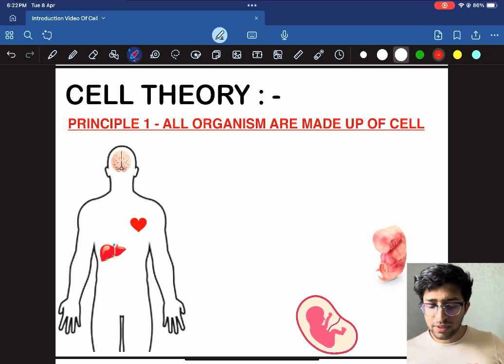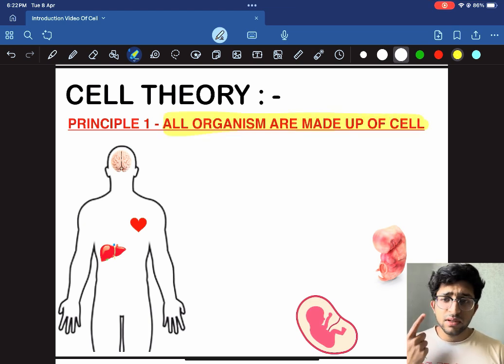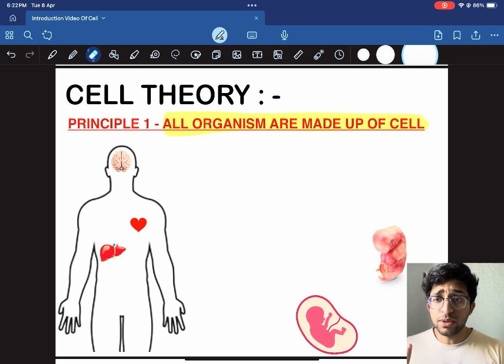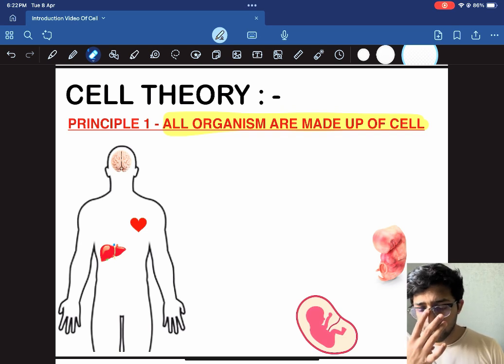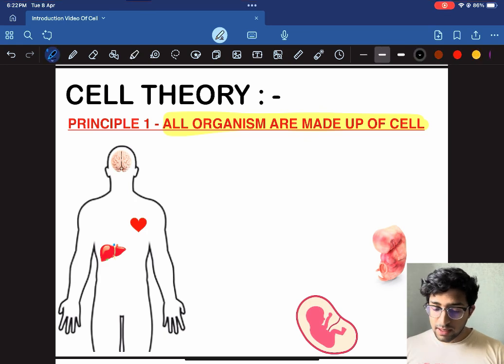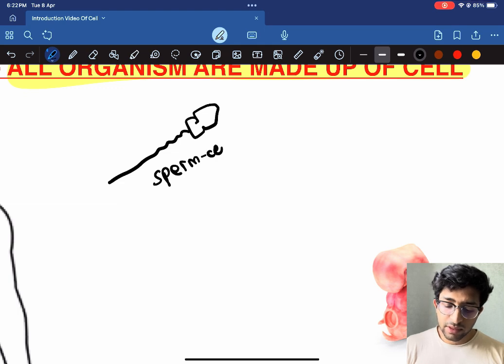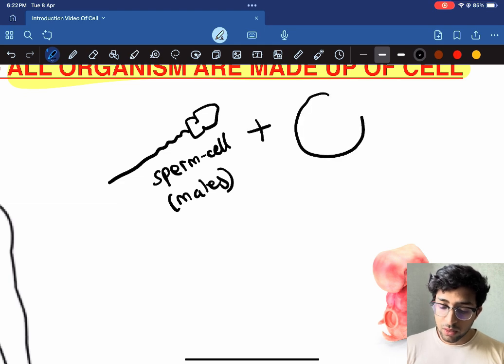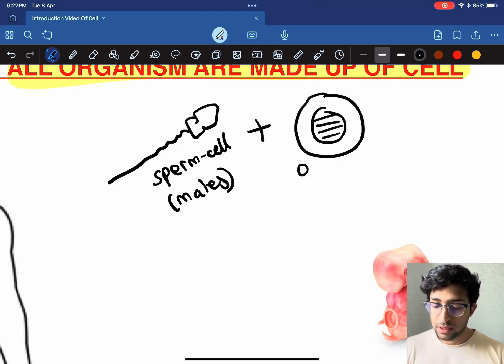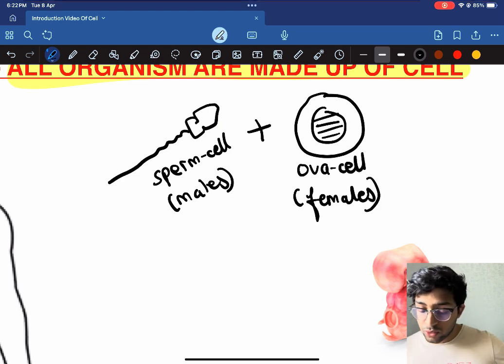The first principle is that all organisms are made up of cells, right? Whether it's plants, bacteria, animals, humans, cats, dogs, everything. One interesting example I would like to give is the sperm cell. Sperm cells are present in males, and another is the ova, or egg cells, which are present in females.